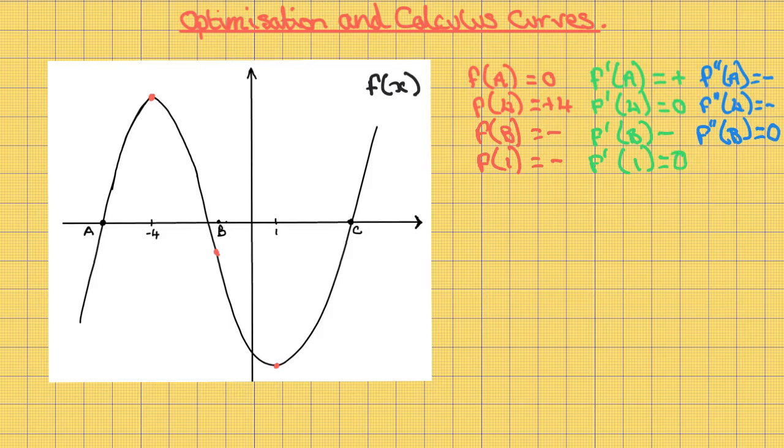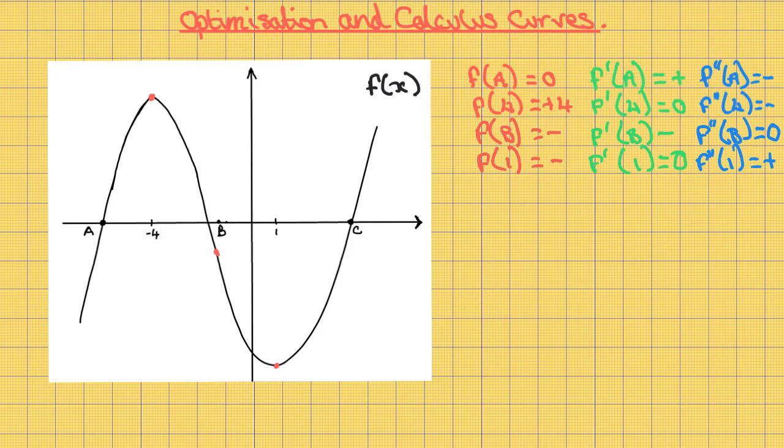It is at a minimum point. And if you take f double dash of 1, it is part of a positive concavity. So f double dash is positive.